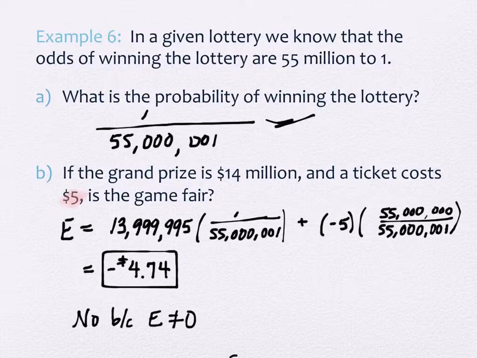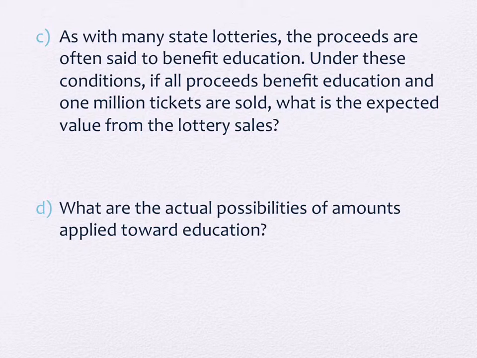Here's where the catch comes, and you start thinking, now wait a minute. As with many state lotteries, the proceeds are often said to benefit education. Have you heard that before? That's how casinos were finally allowed in Ohio, they were said to benefit education. Under these conditions, if all proceeds benefit education and 1 million tickets are sold, what is the expected value from the lottery sales?